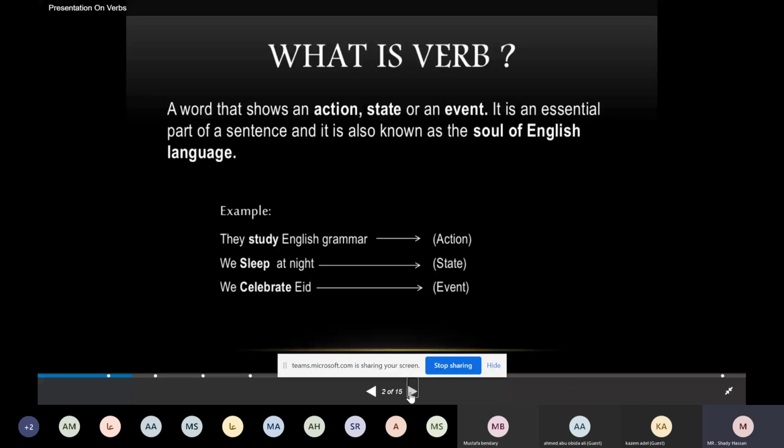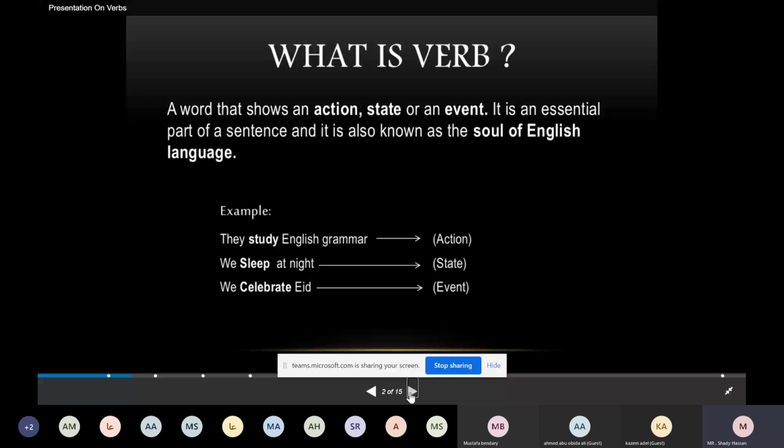What is a verb? You can find a lot of definitions of the word verb. This is one of the definitions of the verb. A verb is a word that shows an action, state, or event. It's an essential part of a sentence, and it's also known as the soul of the English language. Examples: they study English grammar.